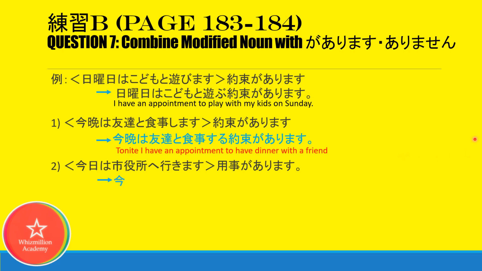Question 2. 今日は市役所へ行きます。用事があります。I have an errand to do. I have something to do, and that something I have to do is to visit there. Today I have to visit the city hall. So today I have to go to the city hall to do something.